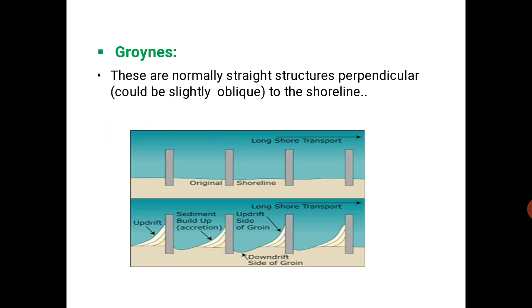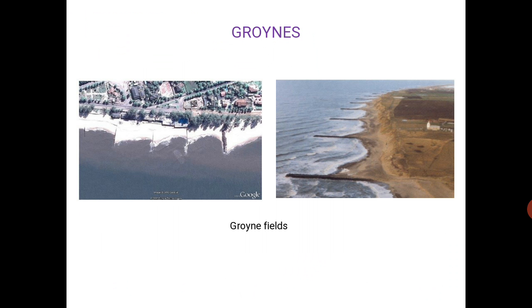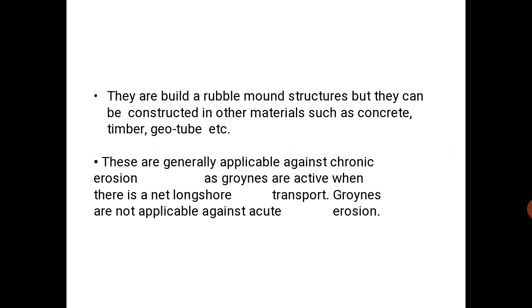They are built as rubble mound structures, but they can be constructed in other materials such as concrete, timber, geotube, etc. These are generally applicable against chronic erosion, as groins are active when there is a net longshore transport. Groins are not applicable against acute erosion.